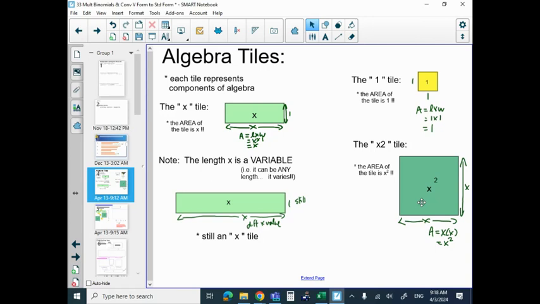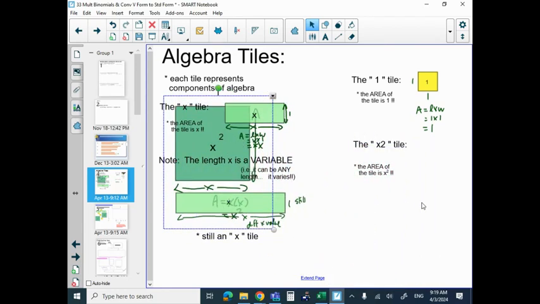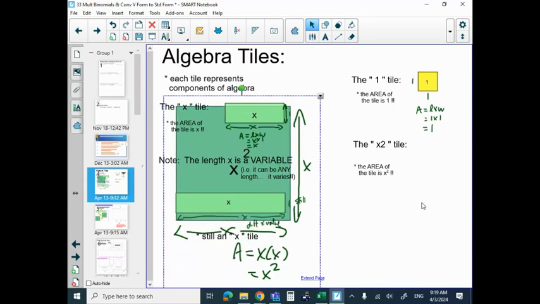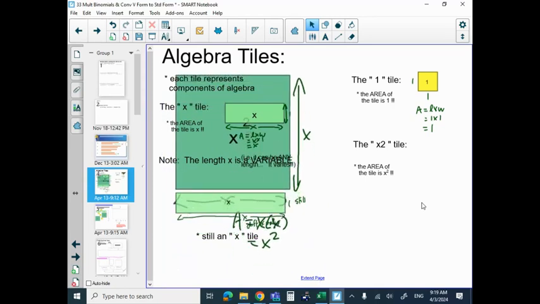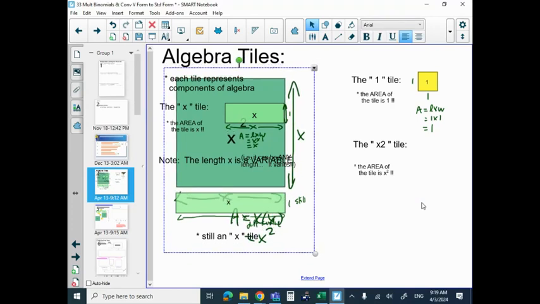Notice that the length of x, the size of x, is a variable, right? So it can be any length. This is still an x tile down here, just a different x value, and there'd be a different x squared that would correspond to it as well. You can't trust the length of x to suggest any kind of connection to the 1, which is a fixed length.